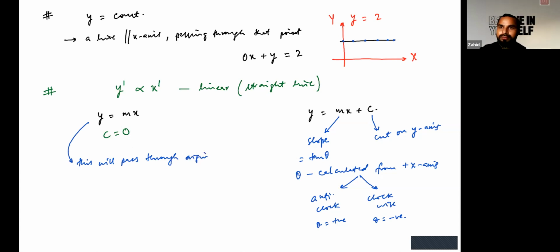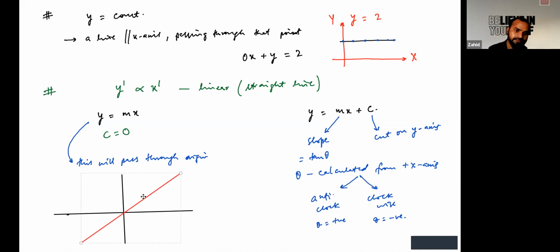I'm giving you a curve related to this. It will look like this, or it may look like this, depending upon the value of slope. For the first red line, this is your positive x-axis.